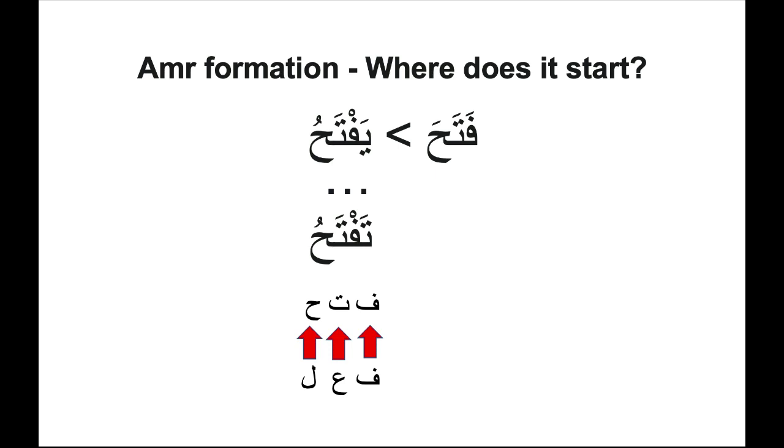So in fataha, fa is fa kalima, ta is ain kalima, and ha is lam kalima. If the verb is qatala, qa is fa kalima, ta is ain kalima, la is lam kalima. If the verb is ja'ala, then ja is fa kalima, a is ain kalima, la is lam kalima. If it is samiya, then sa is fa kalima, mim is ain kalima, ya is lam kalima. So I hope you get the understanding.